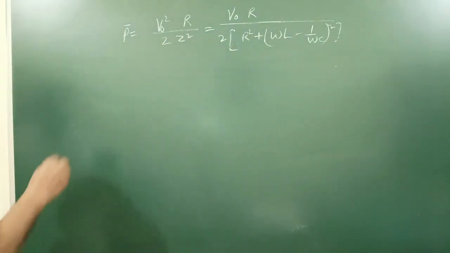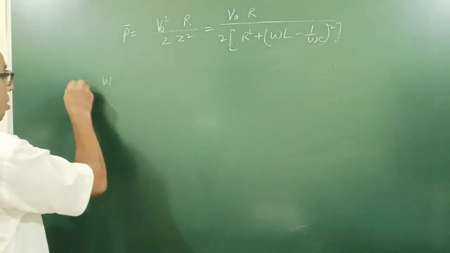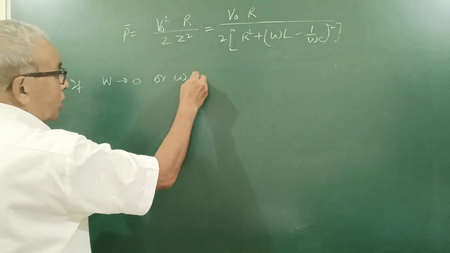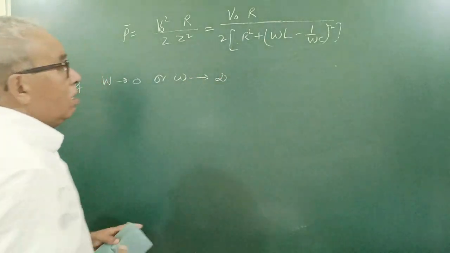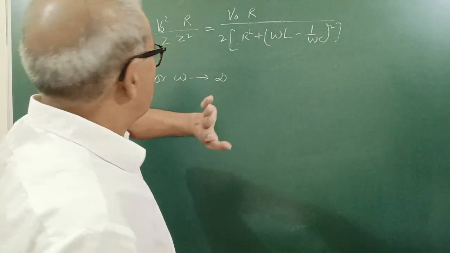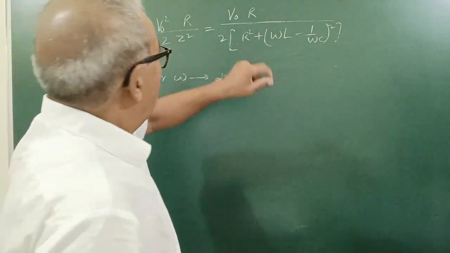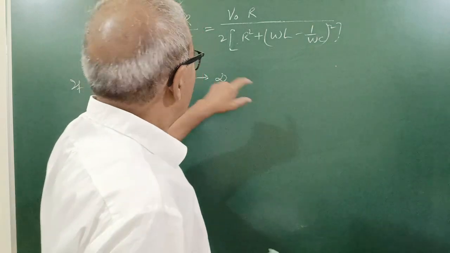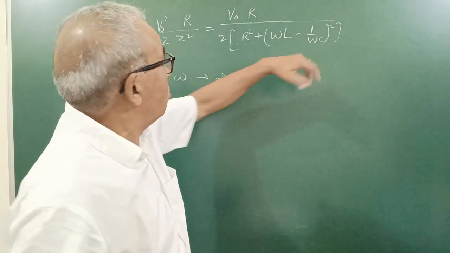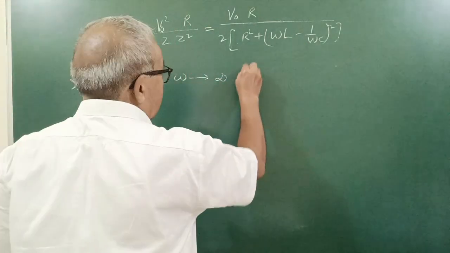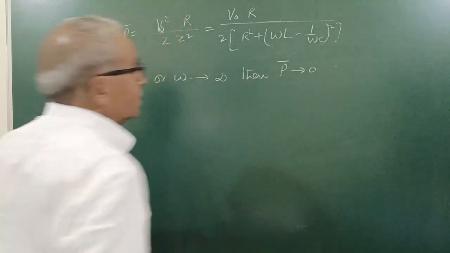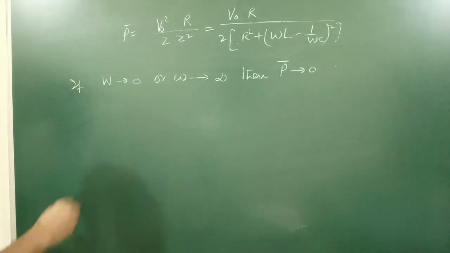Now here we see if omega tends to 0 or omega tends to infinity: if omega is 0, this term becomes infinity, so power tends to 0. And similarly, if omega is infinity, this term will be infinity, again power is 0. Then average power P bar tends to 0, very small.